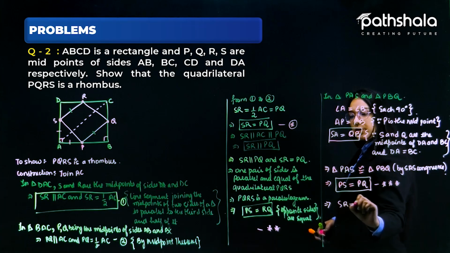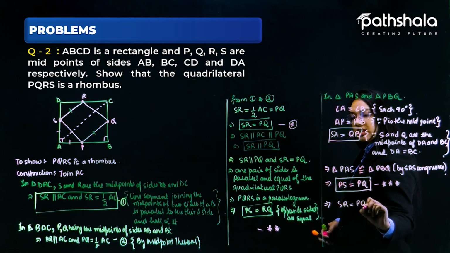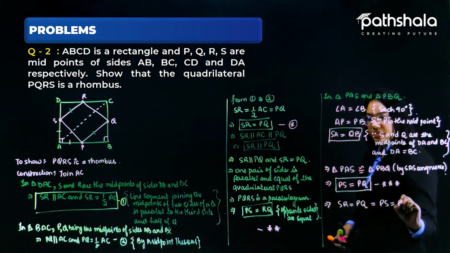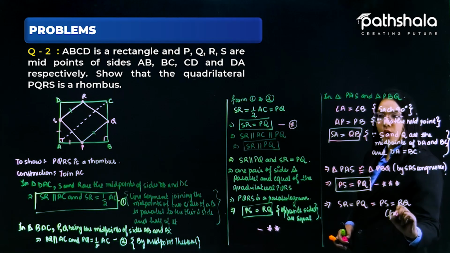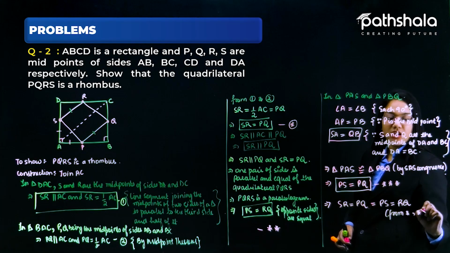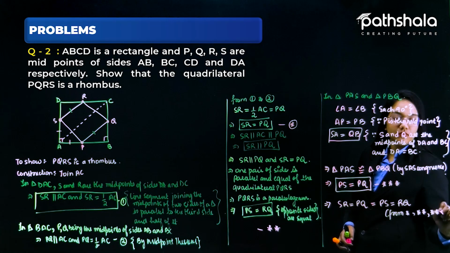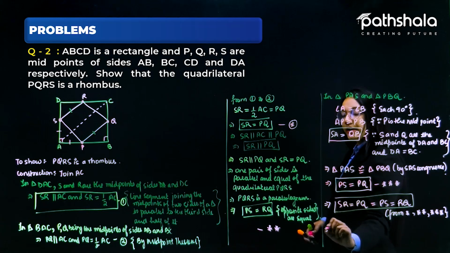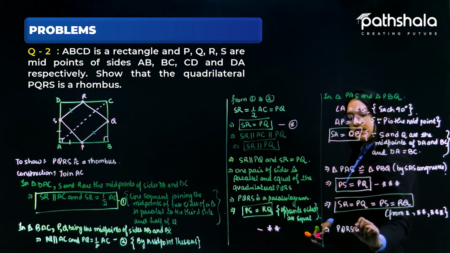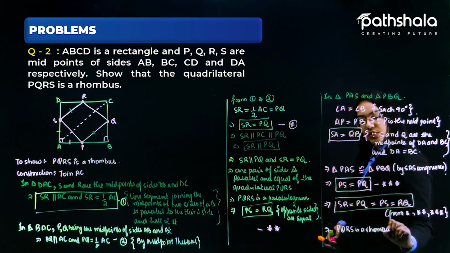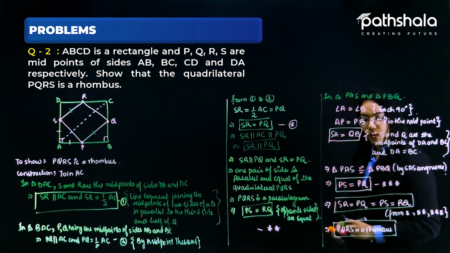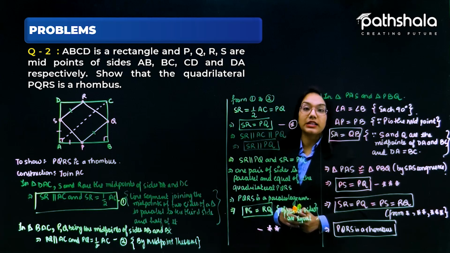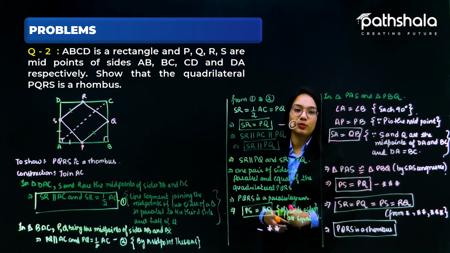SR is equal to PQ, PQ is equal to PS, and PS is equal to RQ, from the equations star, double star and triple star. This implies that all the sides are equal to each other, and hence PQRS is a rhombus. Because in this we have all the sides equal to each other, this is a rhombus. So hence this is the proof of question number 2.